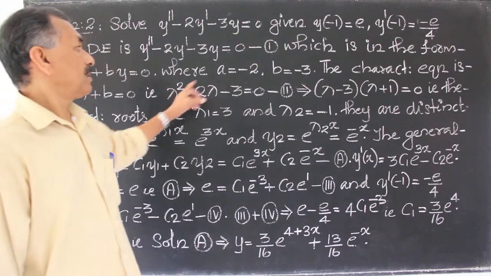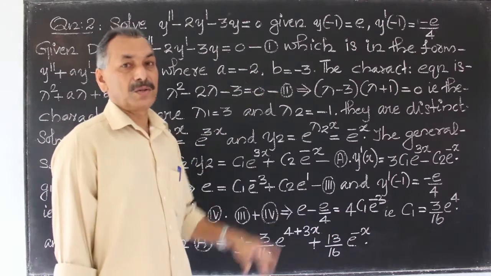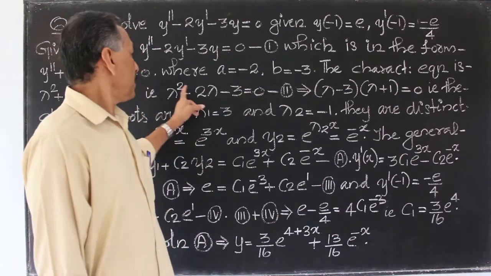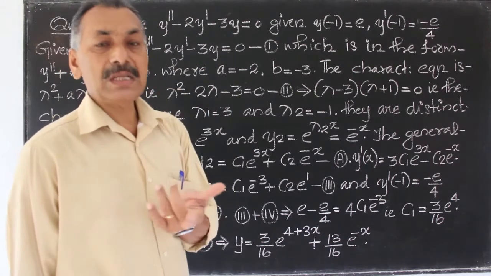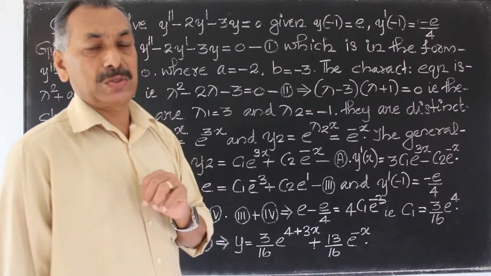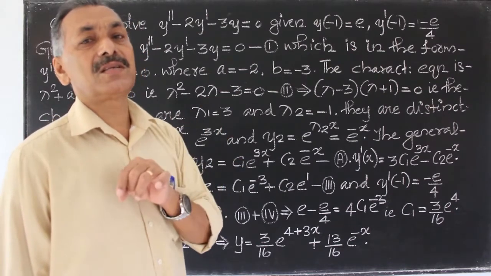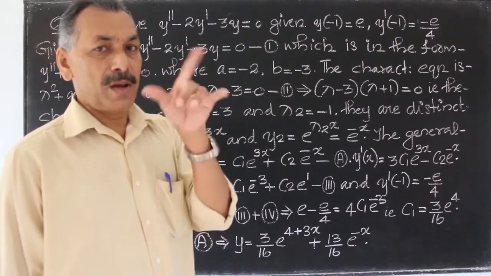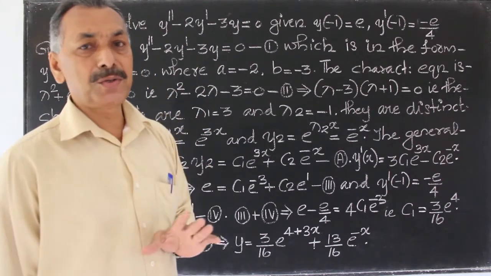That is lambda^2 - 2 lambda - 3 = 0. And the roots are the characteristic roots. Either you can solve this equation by using the result lambda = (-a ± sqrt(a^2 - 4b))/2.